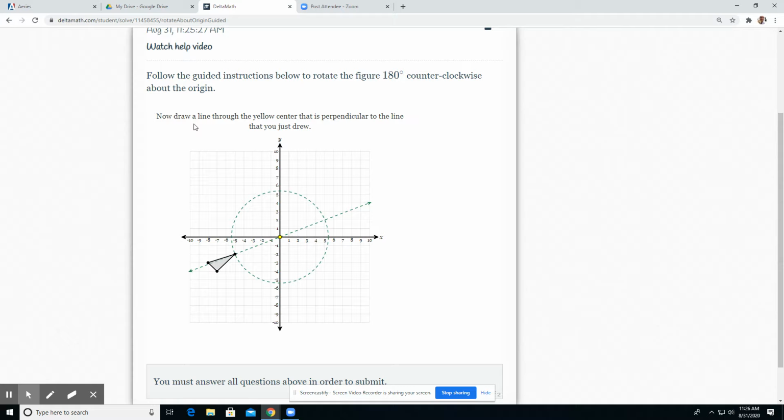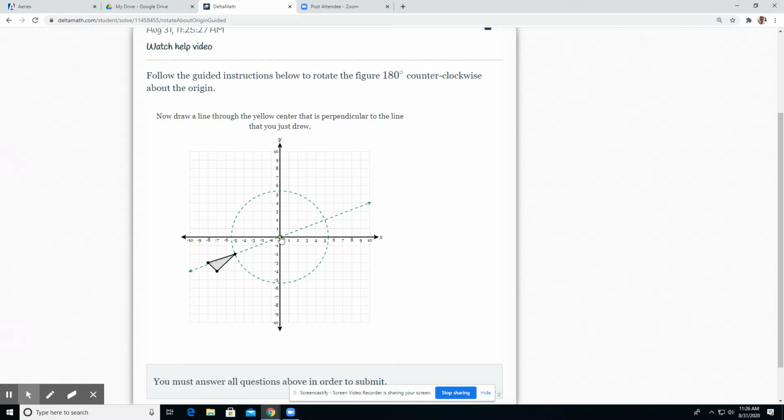And now draw a line through the yellow center that is perpendicular to that one that we just drew. So we just practiced perpendicular. It is flipping the slope and changing the sign. So we have to see what the slope is here. I'm going to go up 2 and over 1, 2, 3, 4, 5. So that's 2 over 5. And if I flip it and change the sign, 2 over 5 becomes negative 5 over 2.